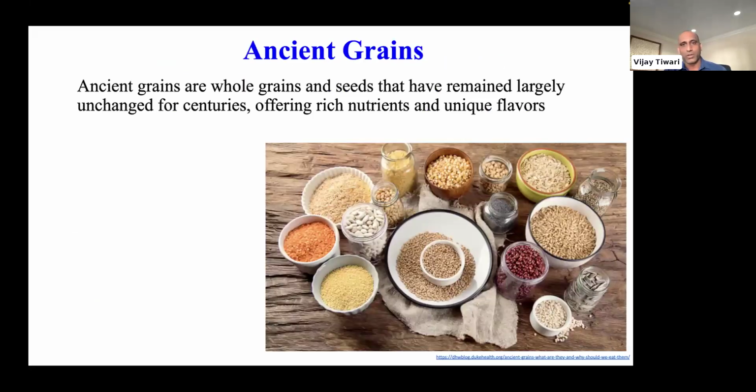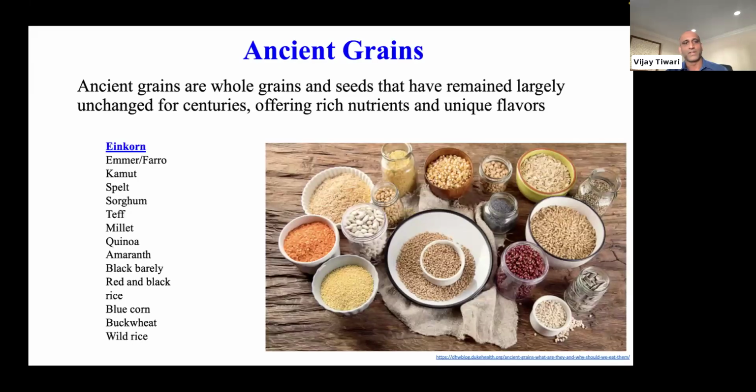So today I'm going to talk about some ancient grains. They can be defined as whole grains and seeds that have largely remained unchanged for centuries, and have been cultivated and advanced because of their rich nutrient profile and unique flavors.